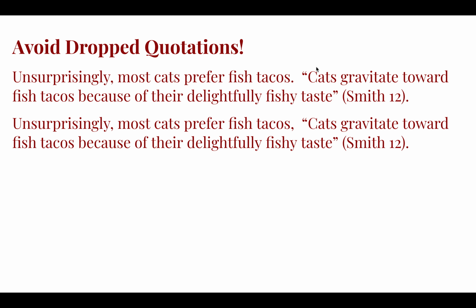It's just dropped straight into the text. It is cited correctly, but it needs an introductory phrase to introduce the quote within the same sentence. Now this one you might think is correct because it does have a comma instead of a period leading into the quotation. However, grammatically, this is a sentence. Grammatically, unsurprisingly, most cats prefer fish tacos.